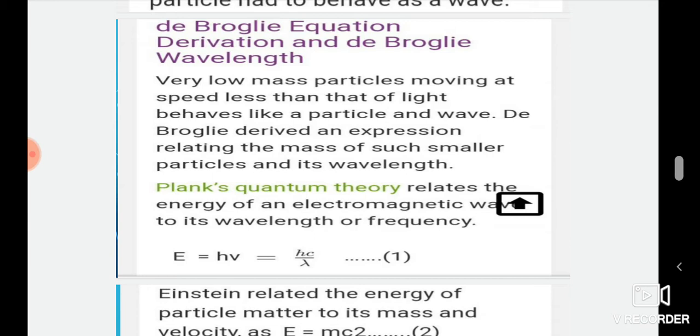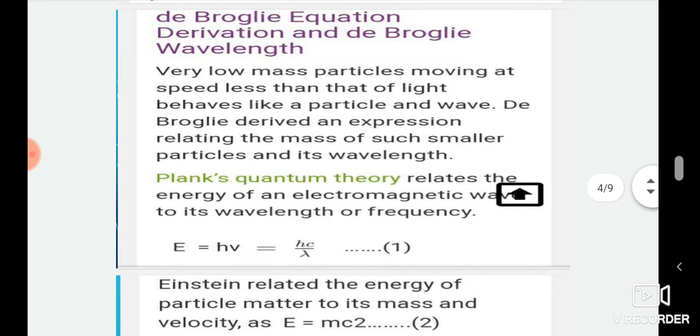We know that Planck's quantum theory relates the energy of the electromagnetic wave to its wavelength and frequency. The well-known equation is E equals h nu, and we know that nu is equal to c upon lambda. So the equation is E equals hc upon lambda.